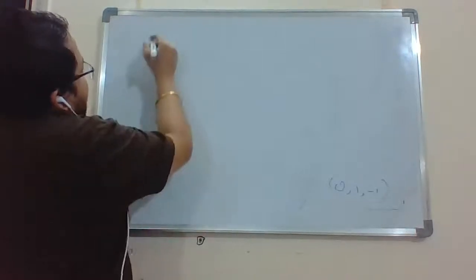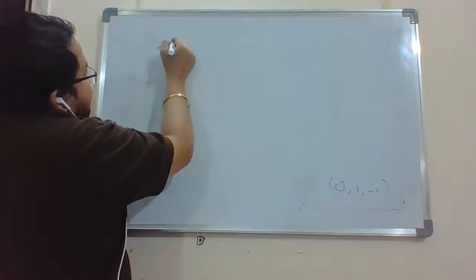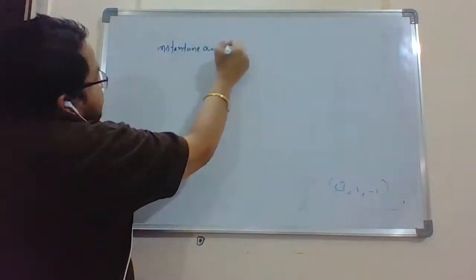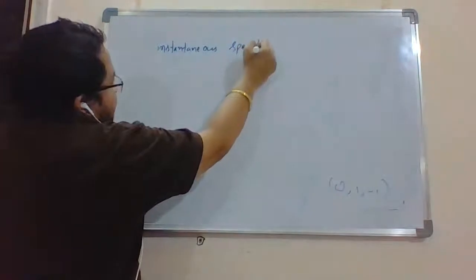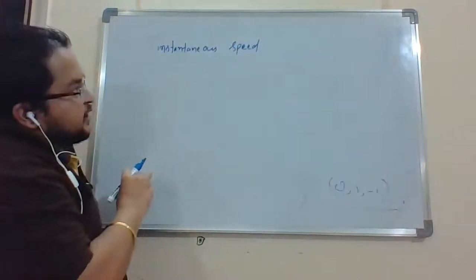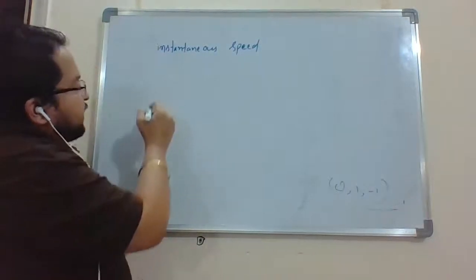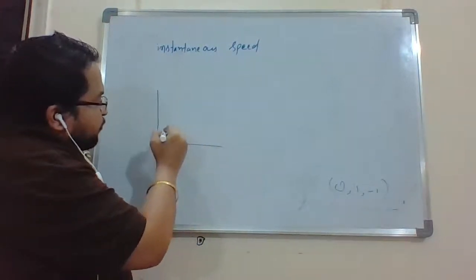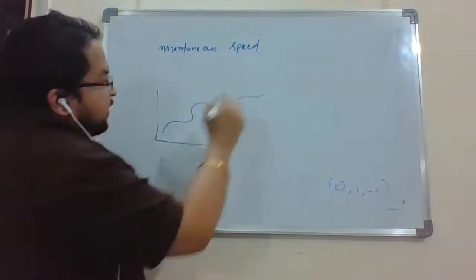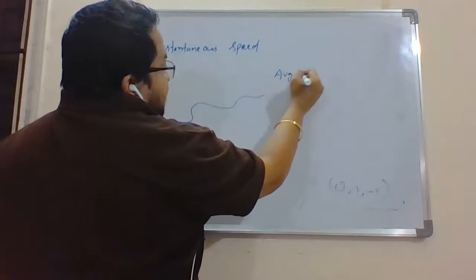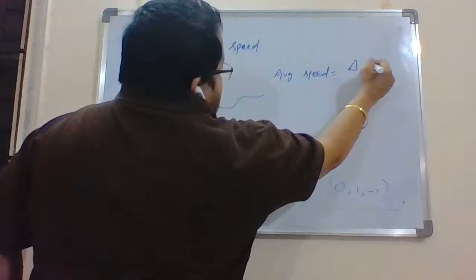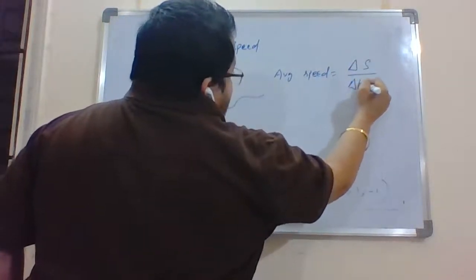Now let us go into something called your instantaneous speed. Say the position of this was changing like this, and we have defined that your average speed was delta distance by delta time.